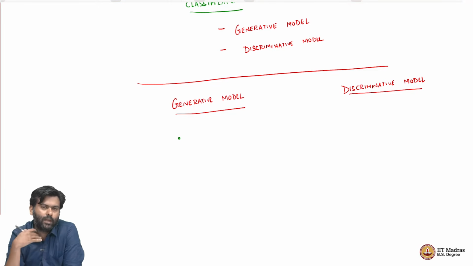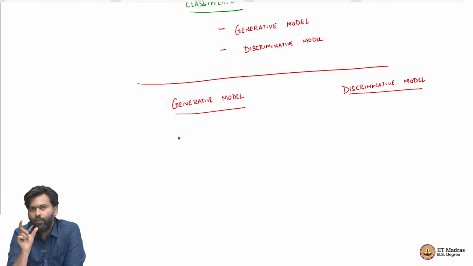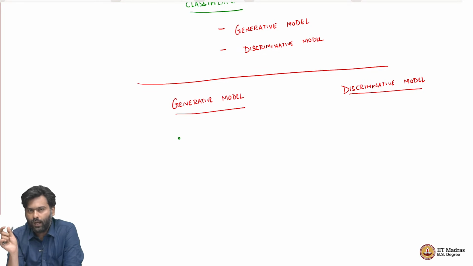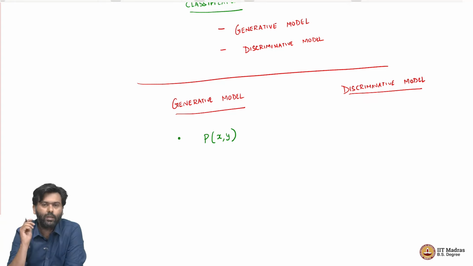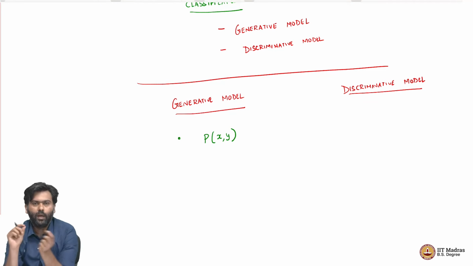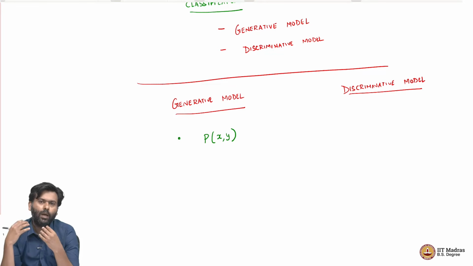That means that there is some probability or a density associated with every feature and label, so there is some p of x comma y. If I tell you, this is my feature vector and this is the corresponding label, then we should be able to associate it with a density or a probability. Density when your features are continuous, probability when your features are discrete.